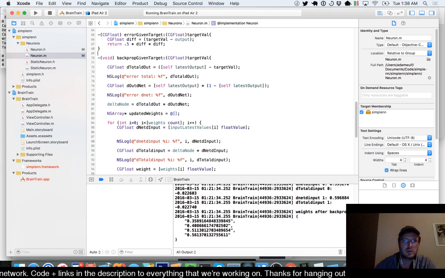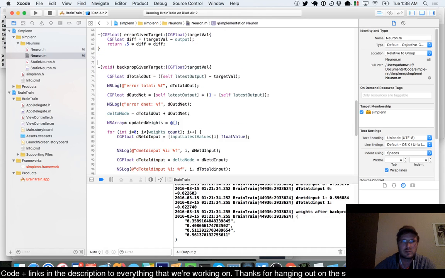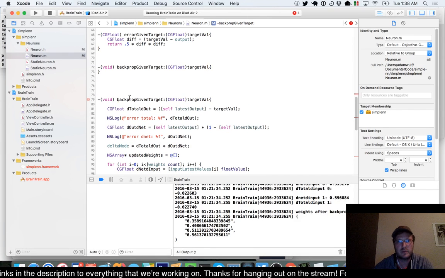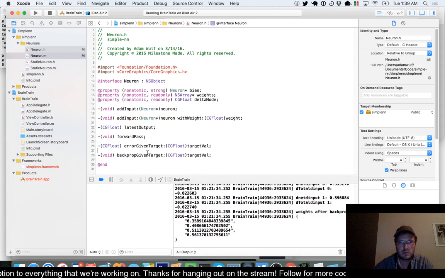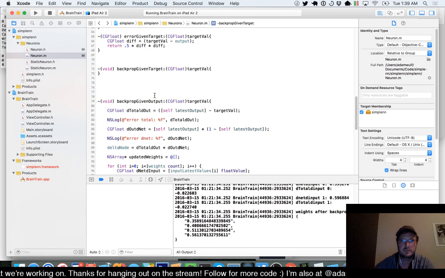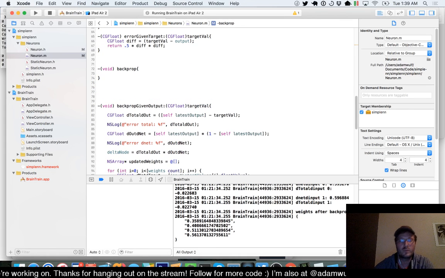And so I'm going to do a second one because this one I feel like is a special case. That's a little awkward. I want to do a different one. This is going to be a back prop given output, right? And this I just want to be called back prop, right?